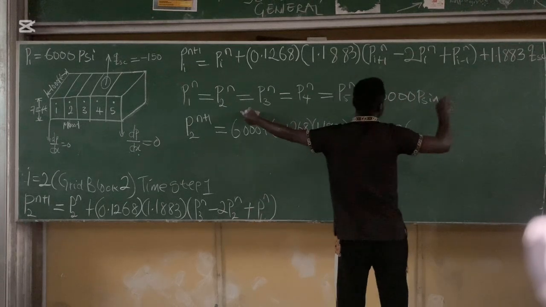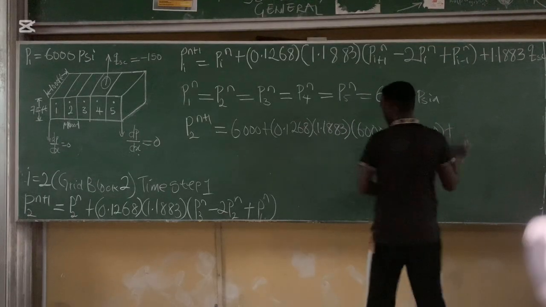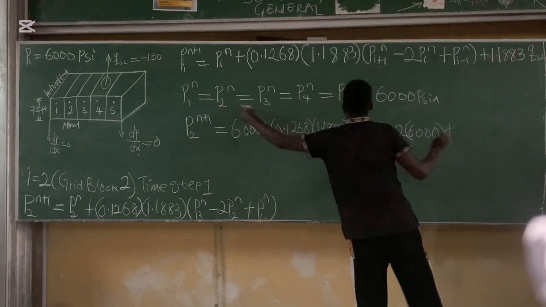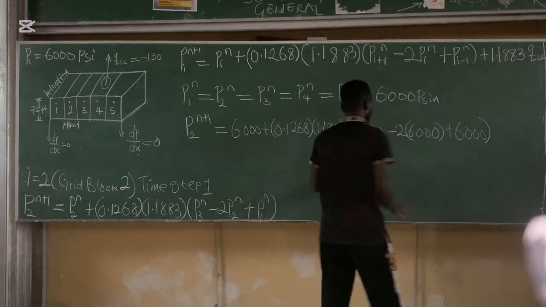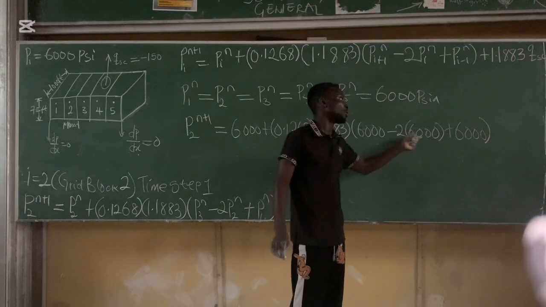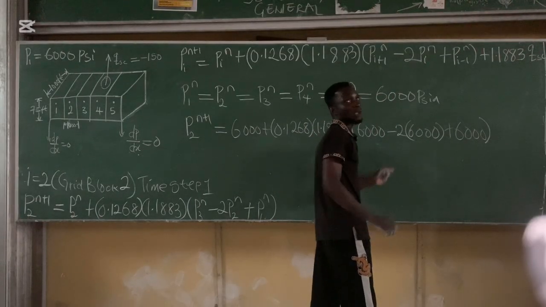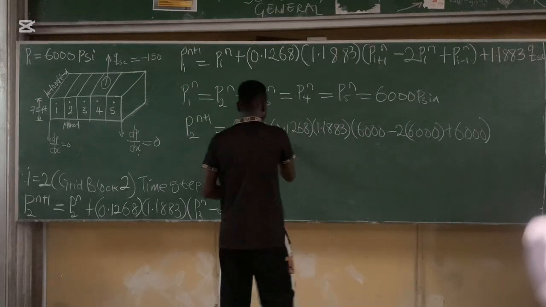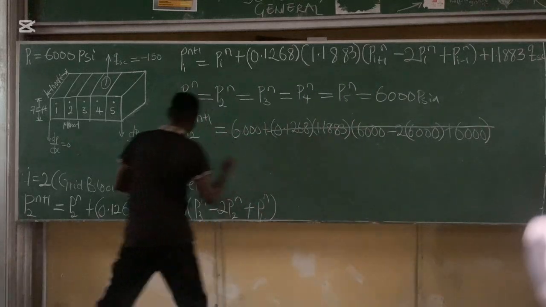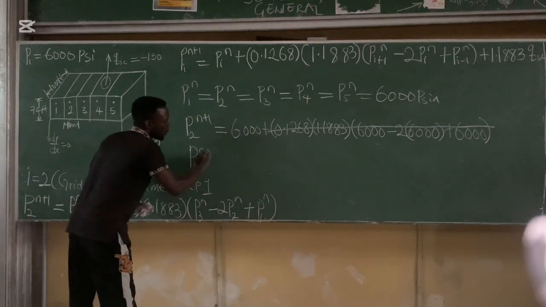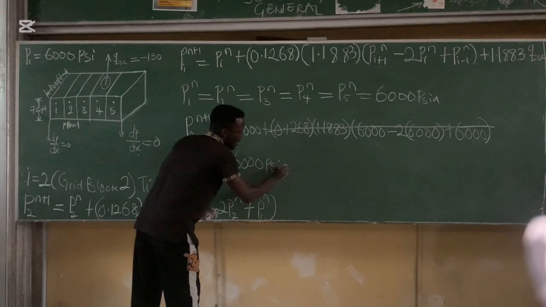P2 also is still 6,000, plus P1, which is also 6,000. Minus 2 times 6,000 will give us minus 12,000. 6,000 plus 6,000 will give us 12,000. 12,000 minus 12,000 is 0. 0 times everything here is 0. So everything here is 0. If this is 0, our P2^(n+1) is also equal to 6,000 psia.